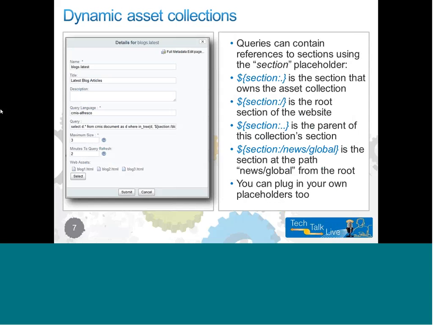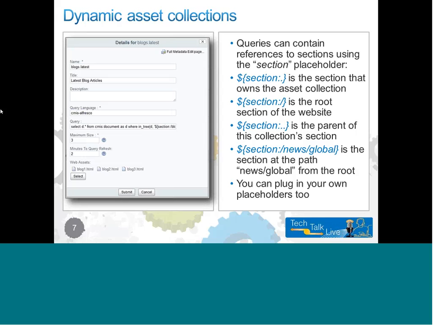If we just look at that in a bit more detail, here's an example of a form that's used to configure an asset collection. In this particular case, you can see that it has a query set on it, about halfway down that form. By setting that query, you're immediately making this a dynamic asset collection. If you didn't have a query, then it would be a static asset collection.